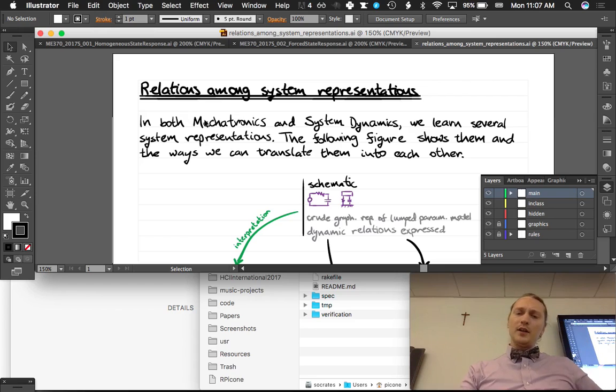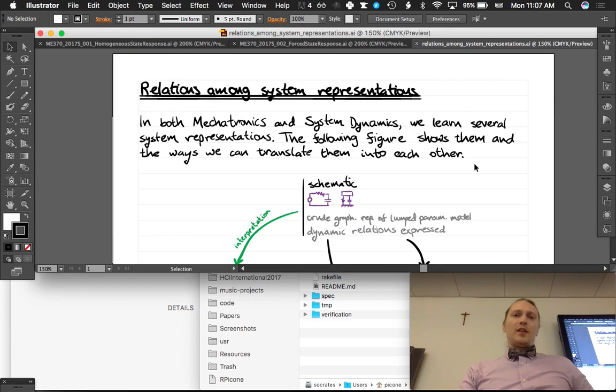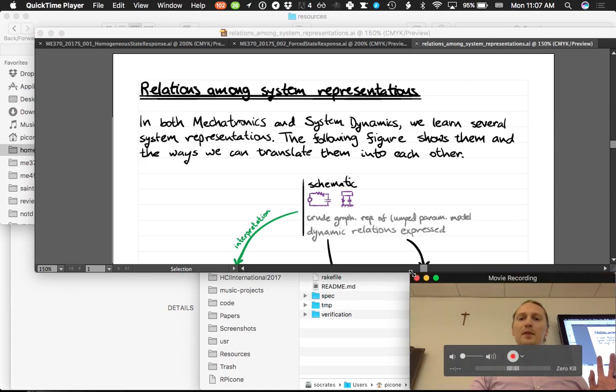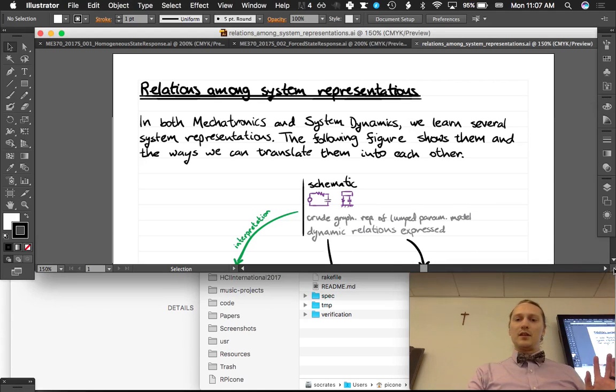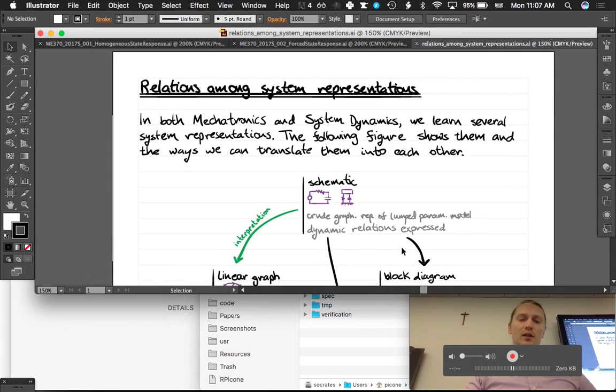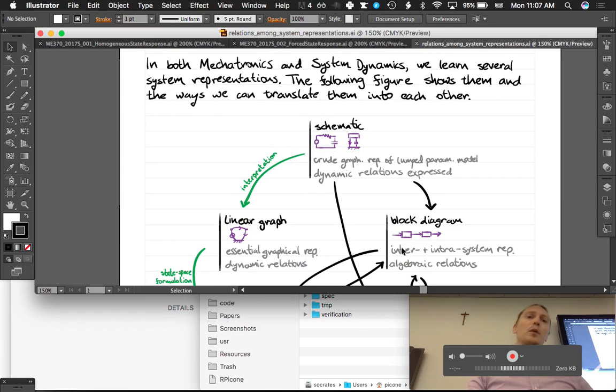Now, I thought it would be good to start with the relations among system representations handout that I gave. It was a resource on the resources page of the mechatronics class. Let's start from the beginning of this semester so that we remember the different ways we learned to represent systems, and where we're going in this class.